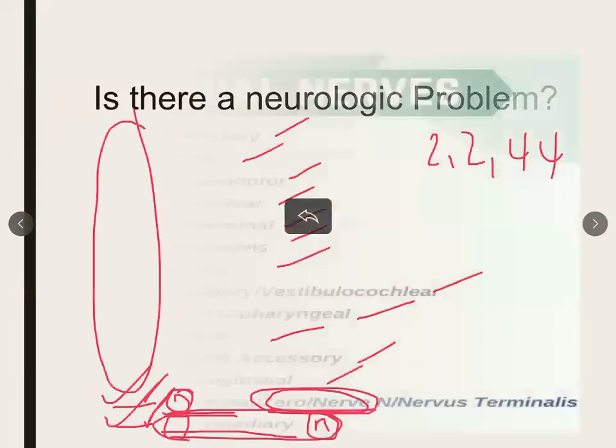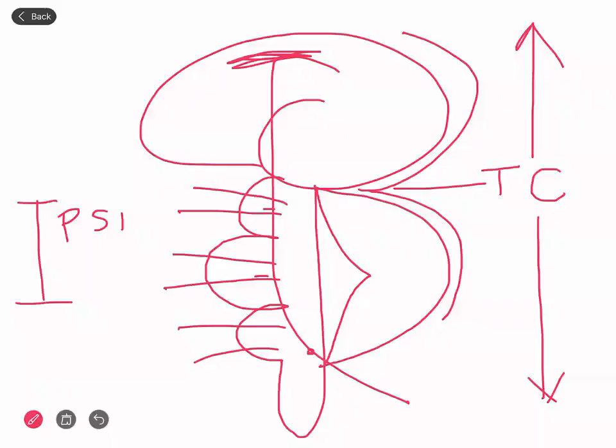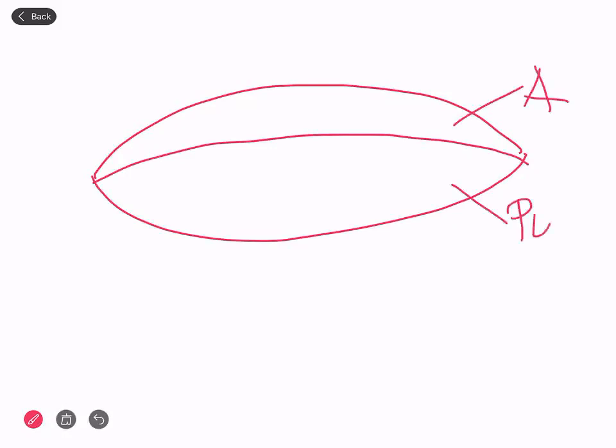Now we'll go to the second question: how about the cerebellum? The cerebellum is divided into three lobes: the anterior lobe, the posterior lobe, and the flocculonodular lobe.